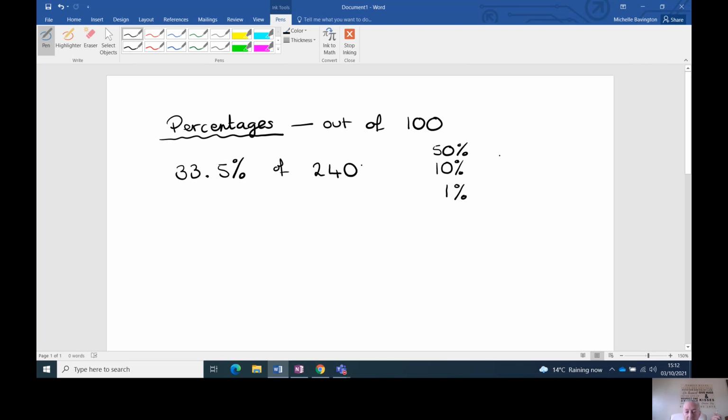Half of 240 is 120. For 10%, if you think about it, if we jump 1 in, that gives us 10%, which equals 24.